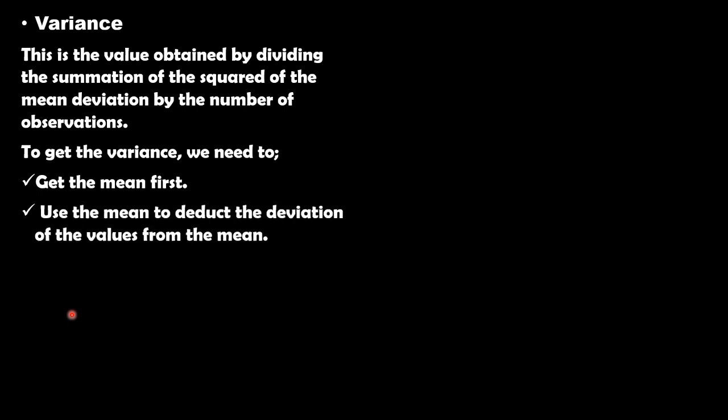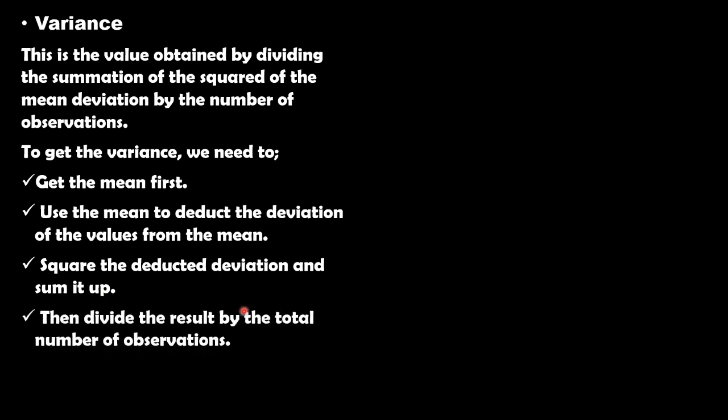Use the mean to deduct the deviation of the values from the mean. Square the deducted deviation and sum it up. And lastly, we divide the result by the total number of observations.